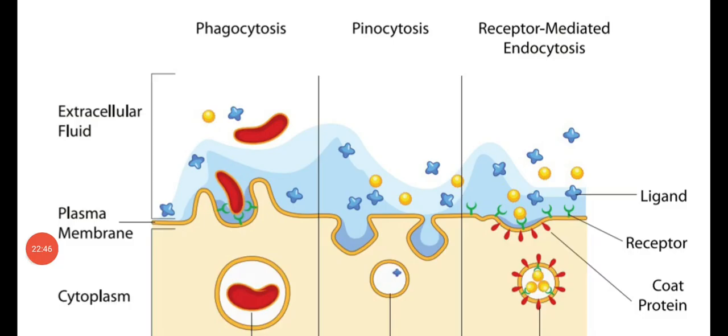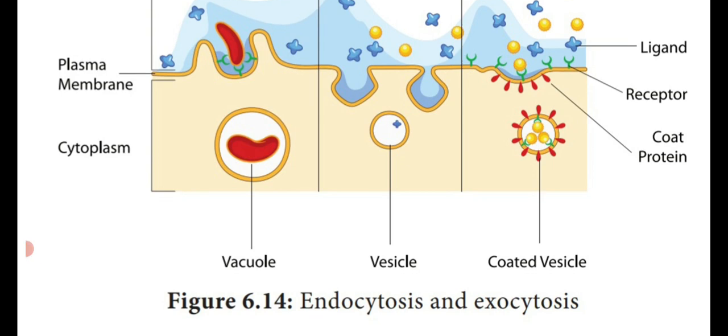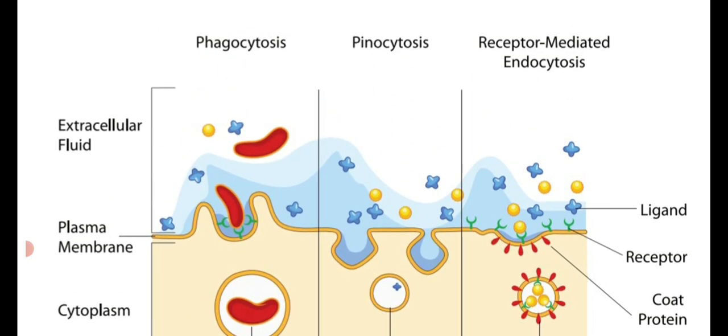Dear students, see the diagram. Exo and endocytosis. First one, endocytosis. At the center region is the cell membrane or plasma membrane. Above the plasma membrane is known as the outer region. The inner side is known as the inner side of the cell. On the outer side, they have different molecules and ions. They vary in color, yellow, blue and red.